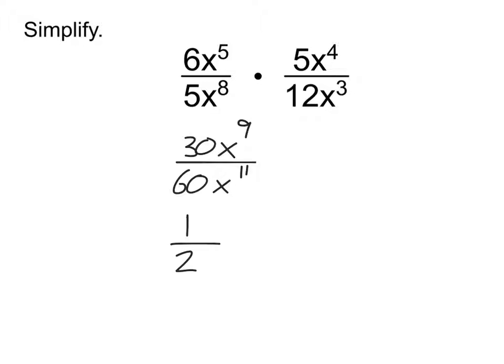Okay, now I look at my x's. So I have x to the 9th over x to the 11th. Again, I'd be subtracting the exponents, right? But 9 minus 11 is negative 2. What's it mean when we end up with a negative exponent? Well, notice where we have more x's in our fraction. We have more of them in the bottom.